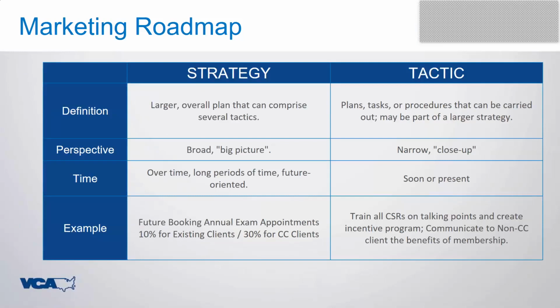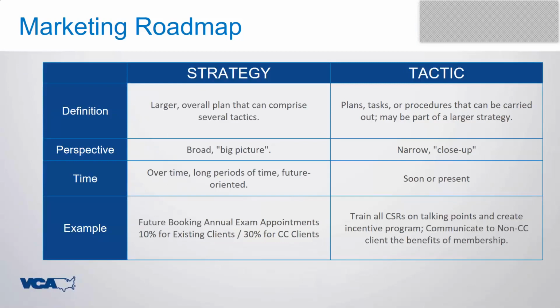So let's talk about strategy and tactic, because I feel like these terms might confuse some people. So I want to define them very clearly before we go into the planning process. Your strategy is going to be a larger overall plan, which is going to consist of several tactics.